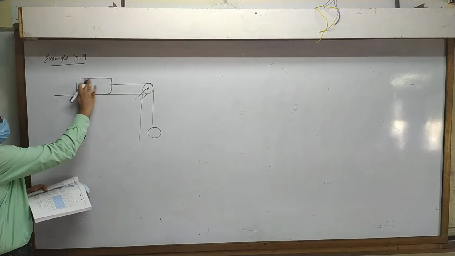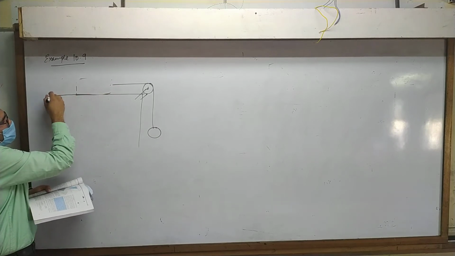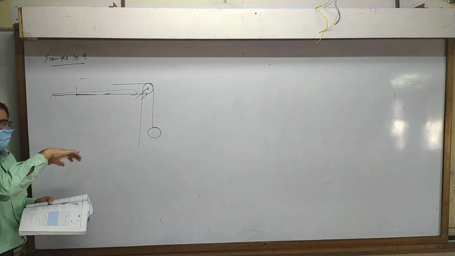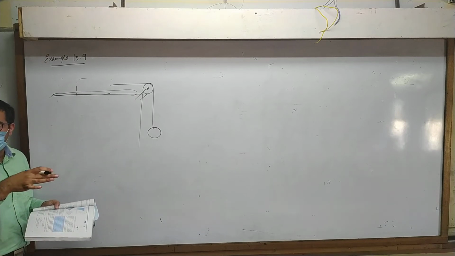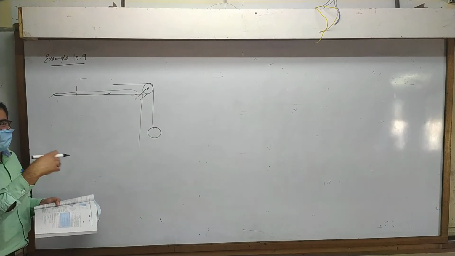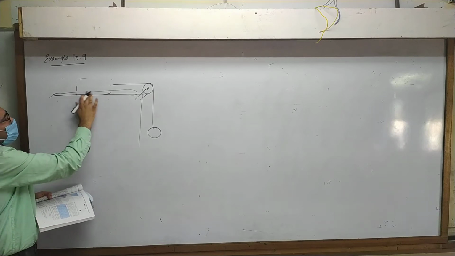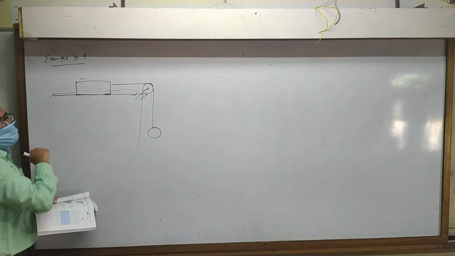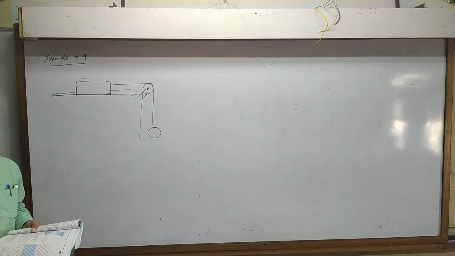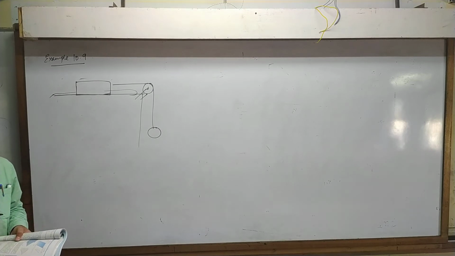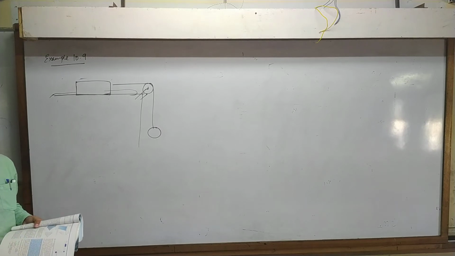So before placing this block here, first someone has spilled some liquid. Understood? Someone has spilled some liquid everywhere, and now the block is to be placed. So what will be there between block and table? The liquid. Clear? Between the block and the table there will be liquid, right?